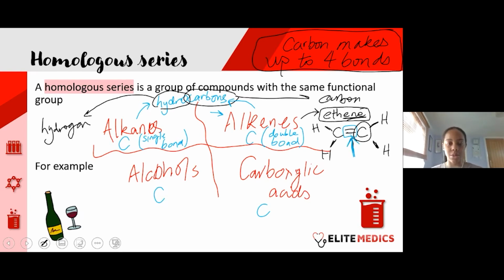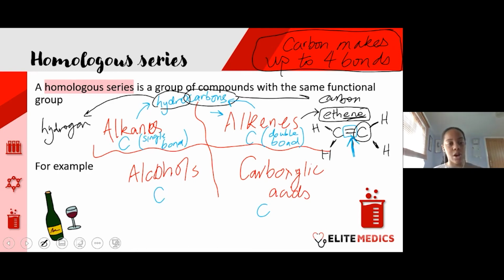That looks like an equals sign. All right, so that is essentially our idea of what we call a homologous series. And I've given you 2 examples there of alkanes and alkenes. So a homologous series being a group of compounds with the same functional group.